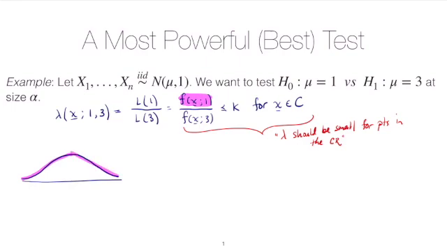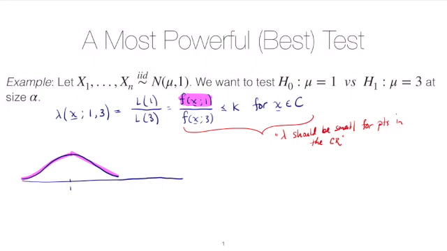So here we're centered at 1. And then I'll draw the same curve, but centered at 3, so the likelihood under the alternative.